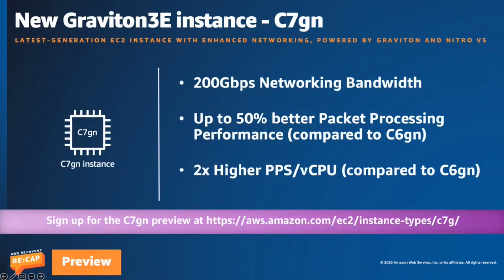And as a result, we are leveraging some new Graviton instances, for example, the C7gn, which is powered by AWS Graviton3 processors and the latest generation Nitro V5 cards, right? And that's why we are able to achieve this performance improvement.